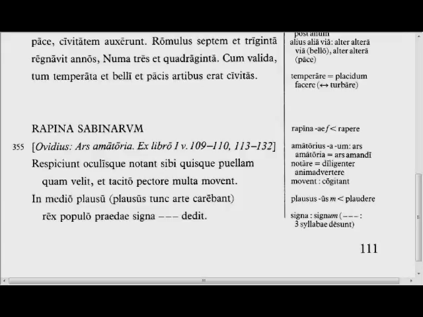Once you've studied those pages in Familia, you need to mark up your text with the long and short marks so that you can read this with the right meter. So when you have "respiciunt oculis que notant sibi quisque puellam," you need to know how to mark your long and shorts.